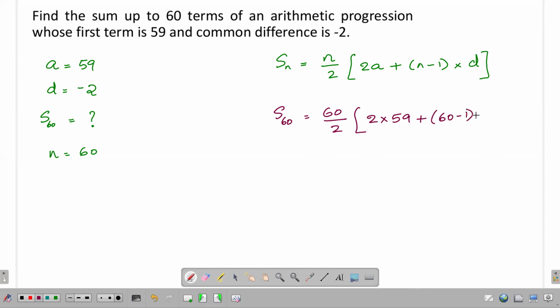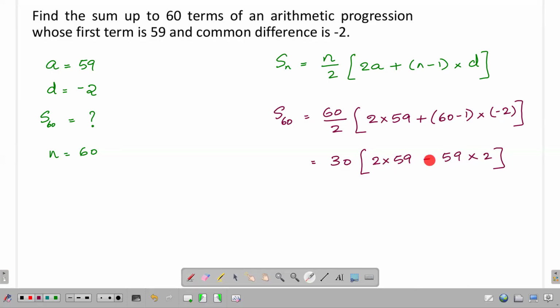60 minus 1, that is 59, times the common difference, which is minus 2. So now you can say this will be 30 into 2 into 59 minus 59 into 2. Because if you observe closely, 60 minus 1 is 59, minus 2, bring that minus 2 over here, so it will be 59 into 2.